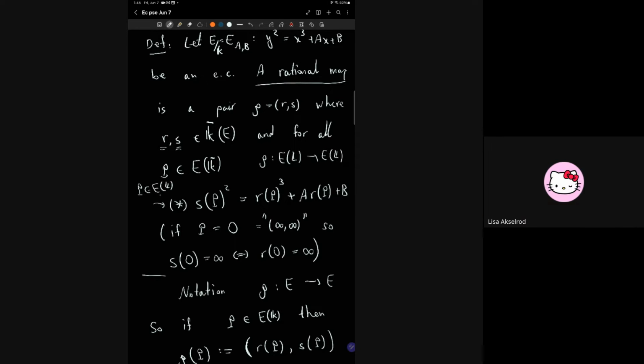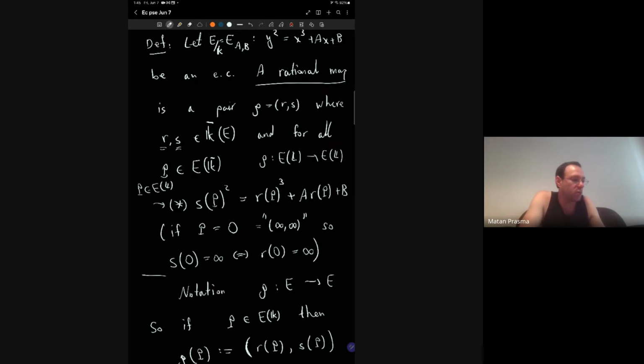Yeah, that makes sense. Okay, so what we really want is that the equation star will be satisfied for points with coordinates potentially in K bar.